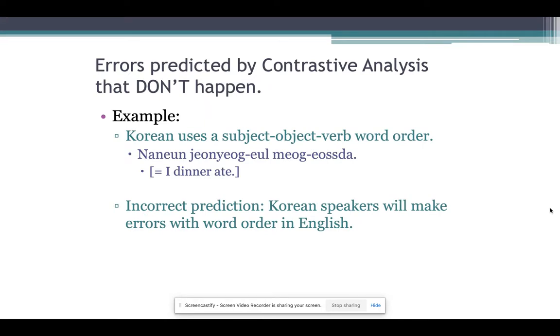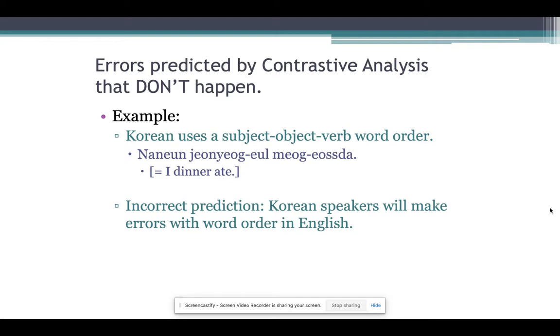The Korean language uses subject, object, verb word order, unlike English, which is subject, verb, object. So in Korean, they say 나는 저녁을 먹었다, which translates word for word into "I dinner ate."